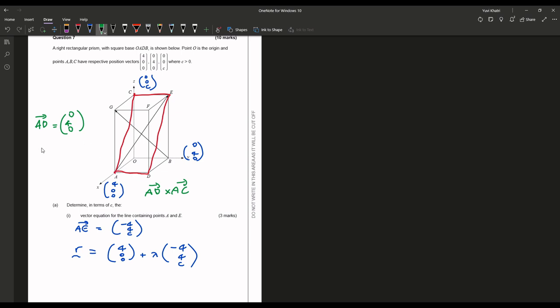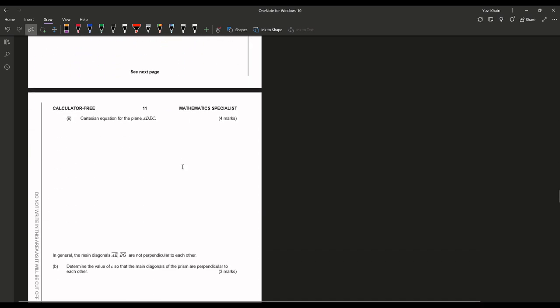And to get from A to C, you've gone -4 in the x direction, 0 in the y direction, and c units in the z direction. So that gives us vectors AD and AC, and we just need to cross product them to get the normal vector for the plane.